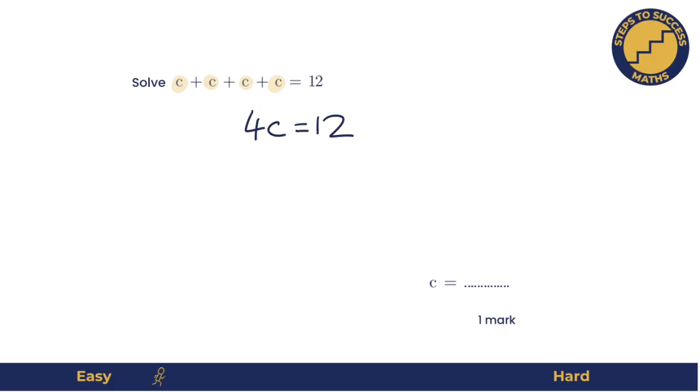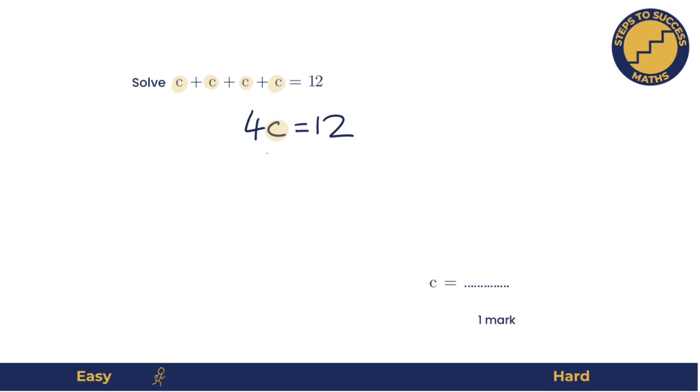So 4c means 4 times c, 4 lots of c. To solve the equation, we want c by itself, which means we need to do the opposite of what's there. The opposite of times 4 is divide by 4.